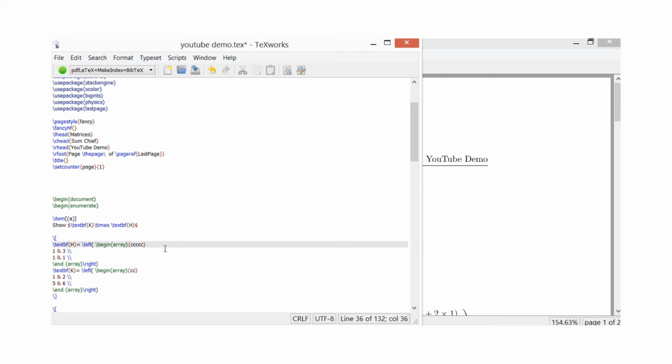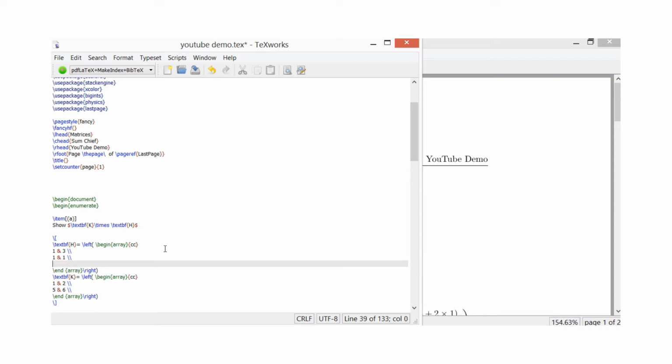So let's put that back down to 2. So now because I've got 2 rows here, that means I'm going to have 2 rows in my matrix. I could carry on and write in several more rows if I wanted, as many as I like. So I could go on here and type 3 ampersand 3 like that. That would give me another row in the matrix. So that's how that works.